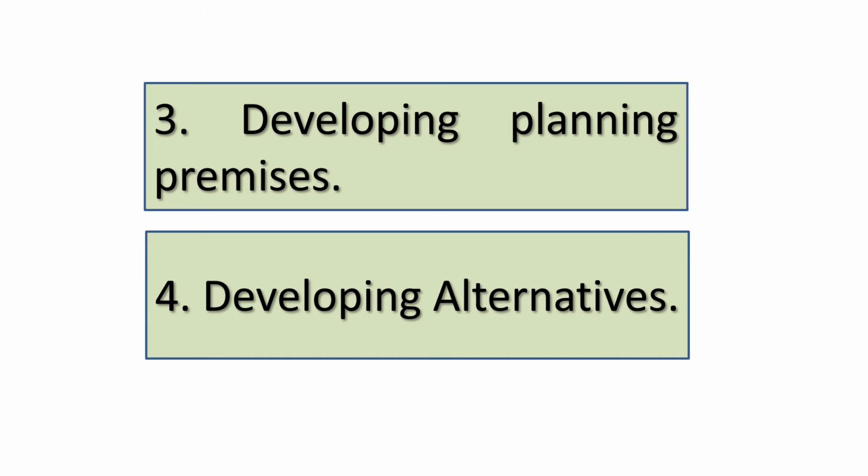Next point is developing alternatives. The alternative courses of action is an important step in the planning process. Various alternatives can be identified based on the organizational objectives and planning premises. The alternatives should be thoroughly examined.